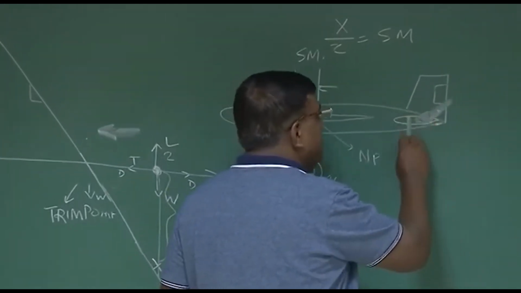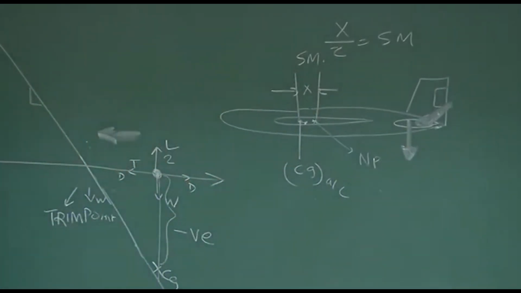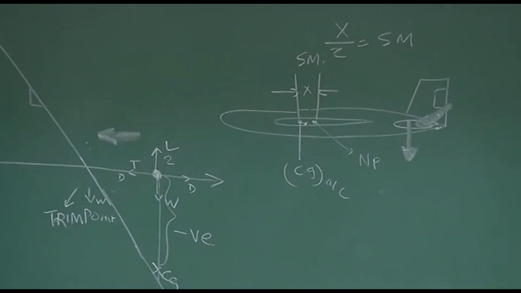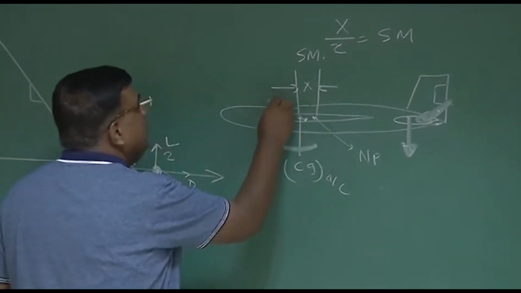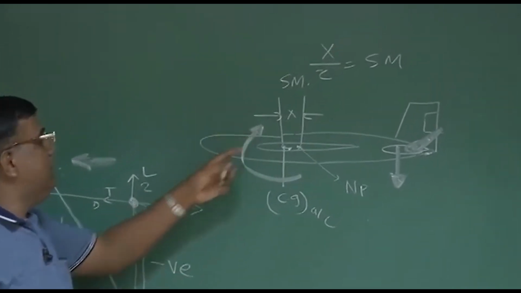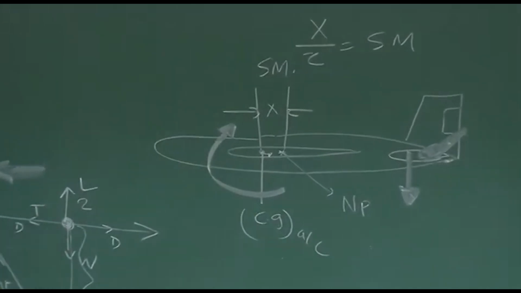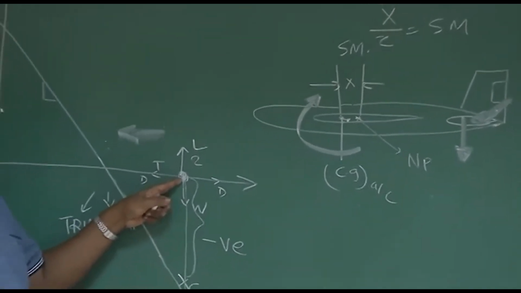And because of deflection of the elevator, there will be a force generated at the horizontal tail in the downward direction, and this will give a nose-up moment, and I should be smart enough to get the appropriate deflection so that this moment and the restoring moment cancel, and again it becomes a trim point, that is CM is 0.